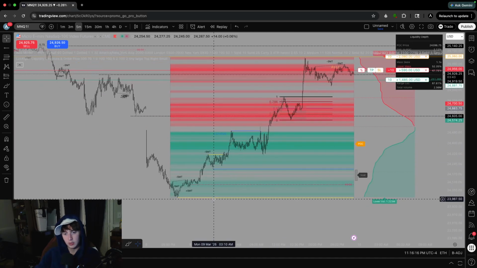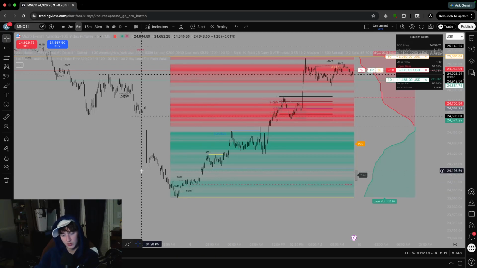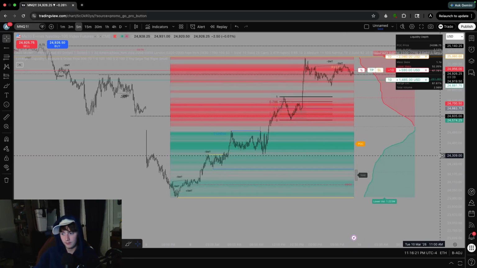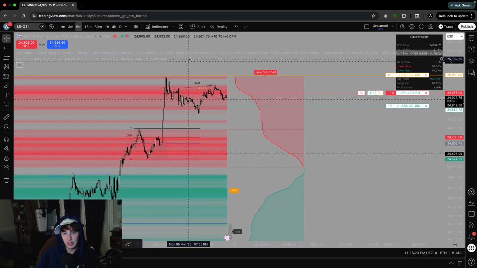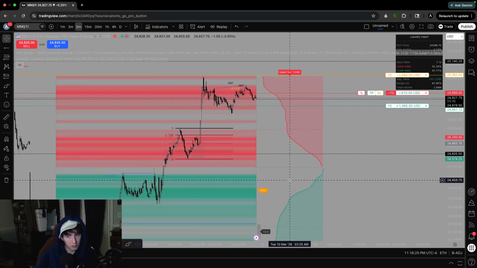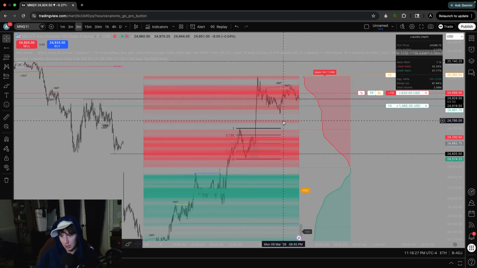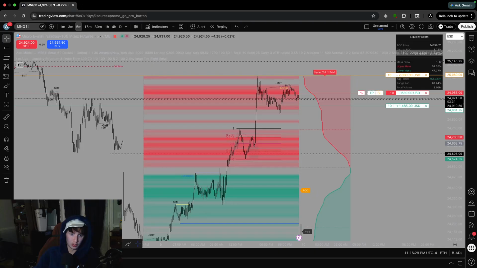Since we are moving upwards, once we take out liquidity, we need to start a bearish trend. If we're going to take shorts, it needs to sweep liquidity and start going bearish. So we're going to trade with the trend no matter what.